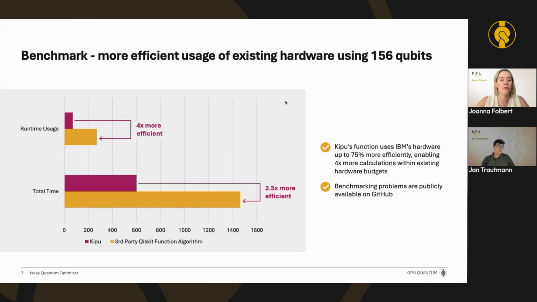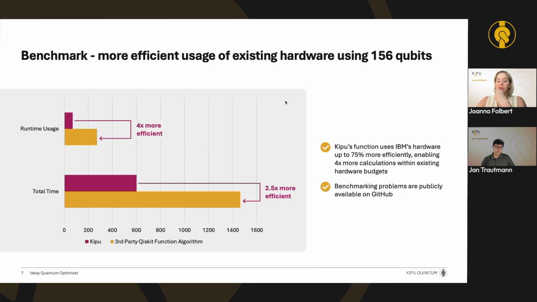For sure, we also ran a benchmark against other existing optimization solvers on Qiskit functions, where we are comparing the runtime usage. Runtime usage here refers to the QPU usage. Because our algorithm is non-variational, we are four times more efficient than the other providers.